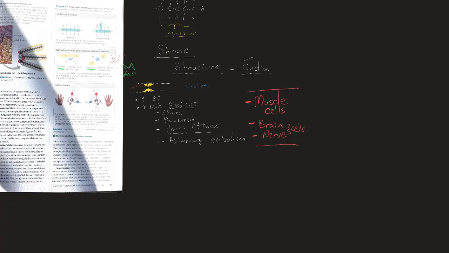Another really good example of the difference between trans and cis isomers, and I'm going to leave it up to you to go look it up if you'd like, is this drug called thalidomide.